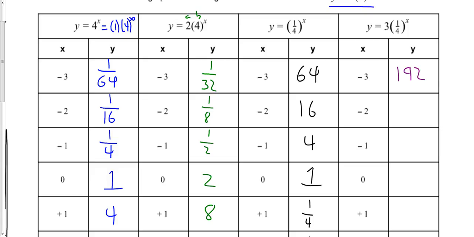If I do 3 times 1/4 raised to the exponent -2, that gives me 48. If I do 3 times 1/4 raised to the exponent -1, that'll give me 12. If I do 3 times 1/4 raised to the exponent 0, it gives me 3.